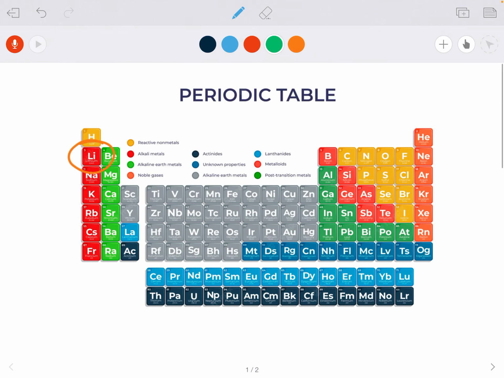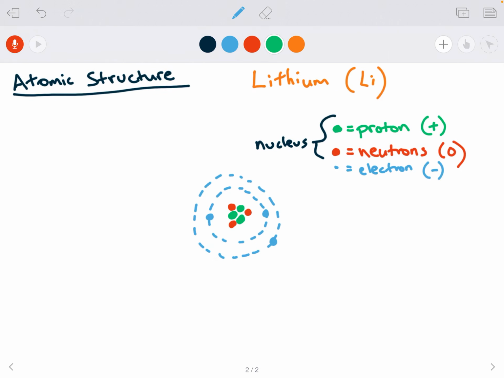Now I mentioned when we looked at the periodic table that lithium has atomic number 3. So atomic number is equal to the number of protons. The atomic number defines the atom because the number of protons defines the atom.